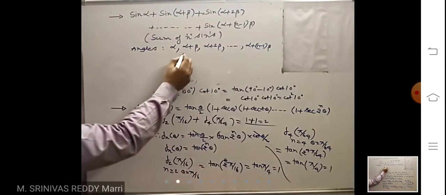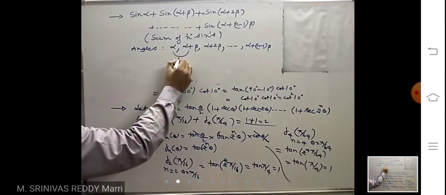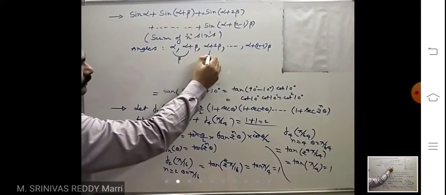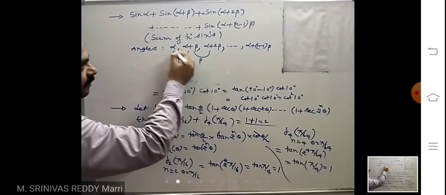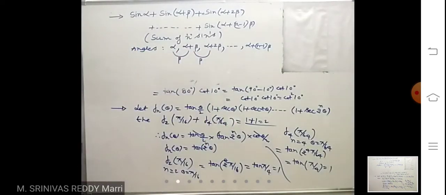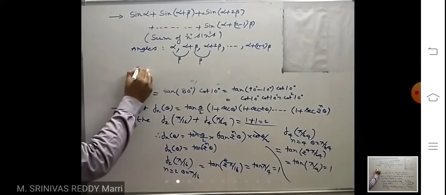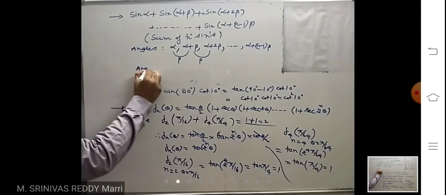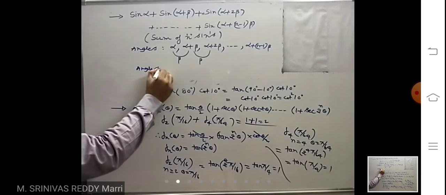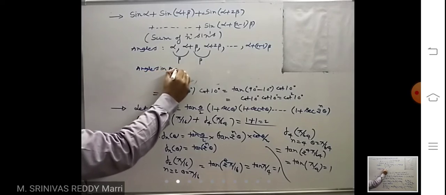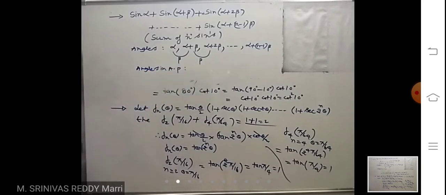They are clearly in AP. This minus this, the difference, is beta. The nth term is alpha plus n minus 1 into beta. So the angles will be in AP.